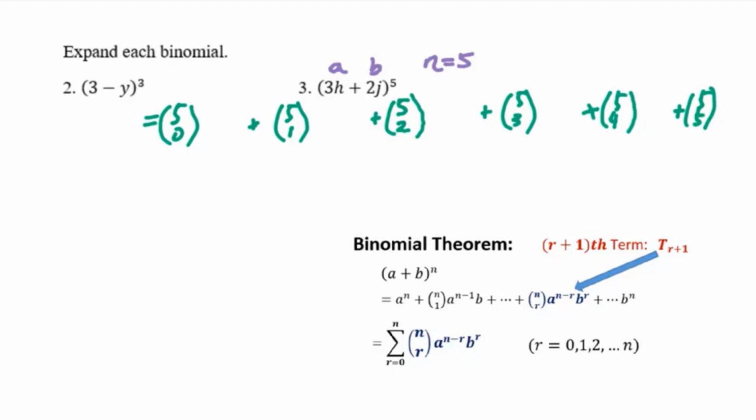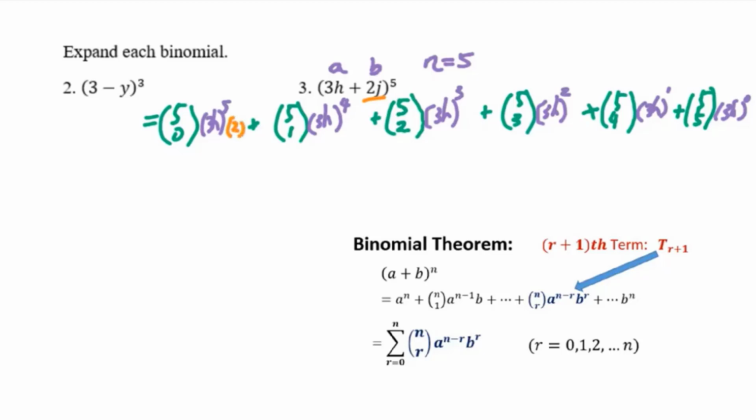Then your second step, go to this a. We do (3h) to the 5th power, (3h) to the 4th power, (3h) to the 3rd power, (3h) squared, then (3h) to the 1st power, then (3h) to the 0 power. Then you go to this b.